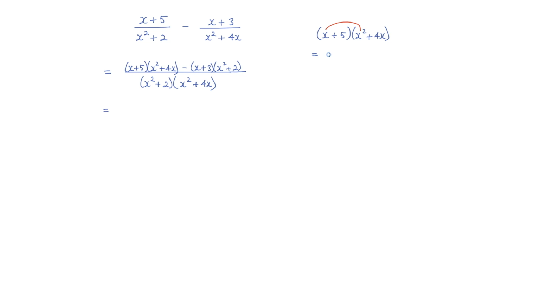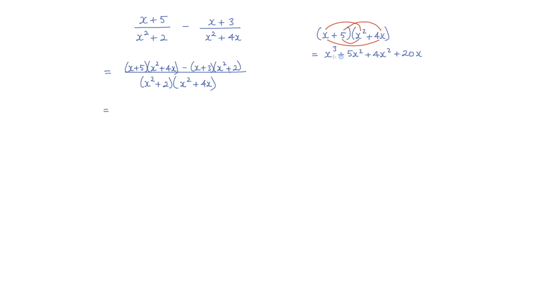So what we're going to get there is x cubed. We can take this term and multiply it by this term. So that's going to be plus 5x squared. We've got this term multiplied by this term, which will be plus 4x squared. And then we take this term and multiply it by that term. So that's going to be plus 20x.